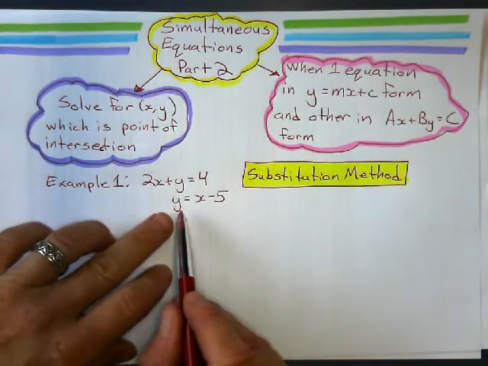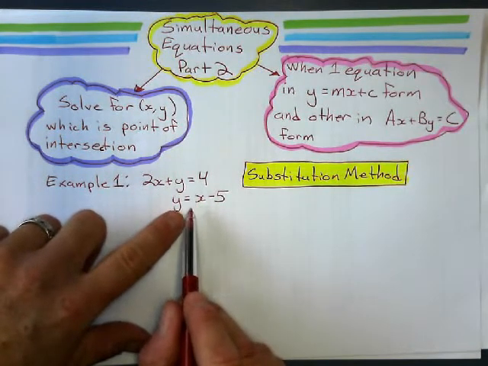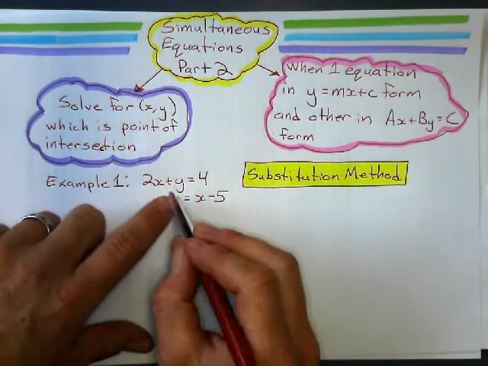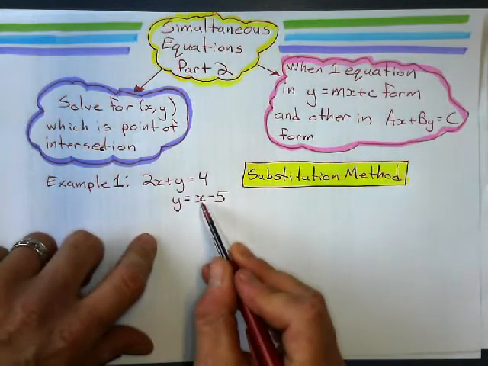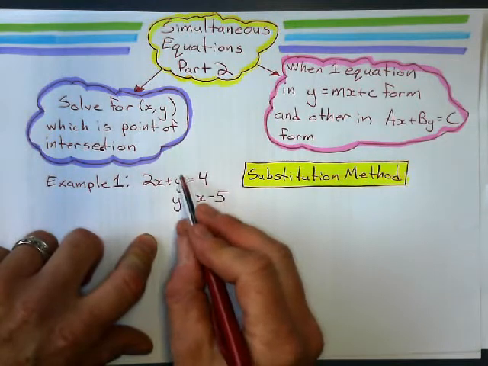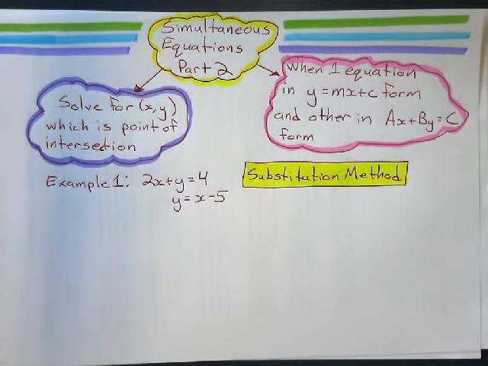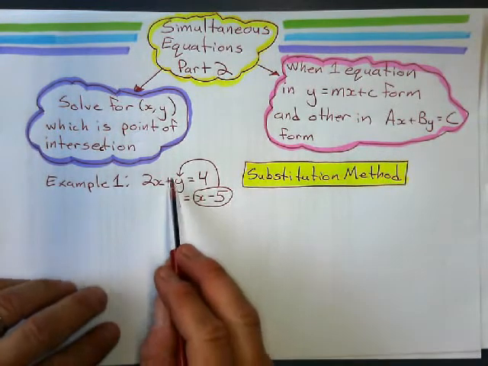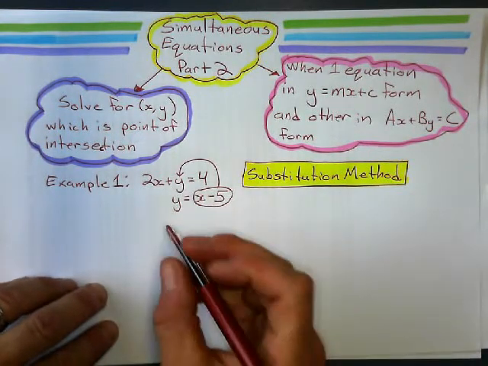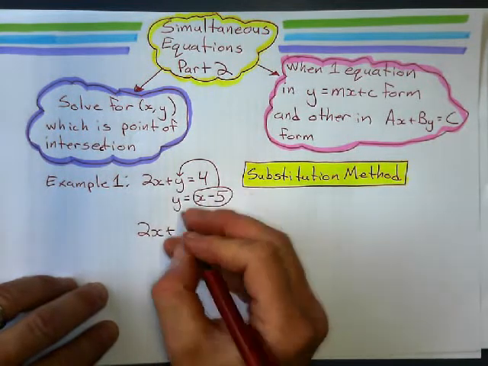So anytime you've got mixed form, standard form and gradient-intercept form, we're going to substitute y, this y, for this expression. So basically, I'm taking this expression and cramming it in for y in that other equation. Now when I do that, I rewrite this top equation. So 2x plus y is no longer y, it's just x minus 5.